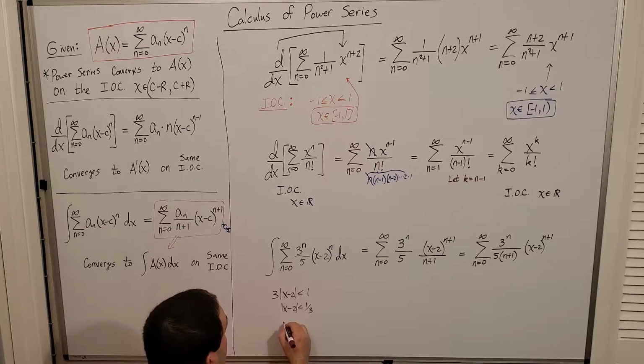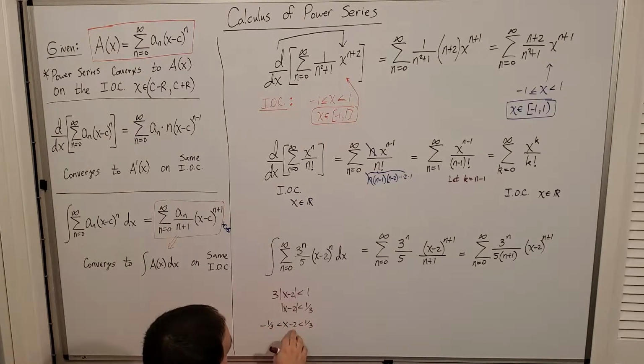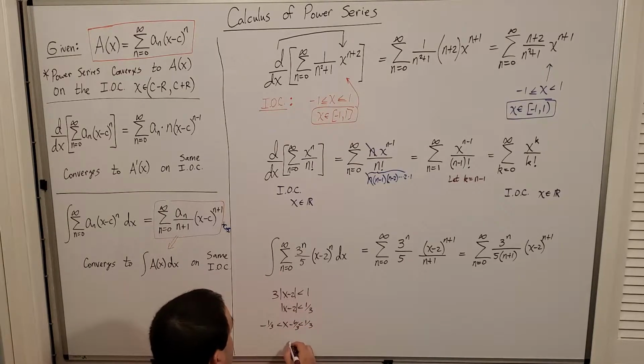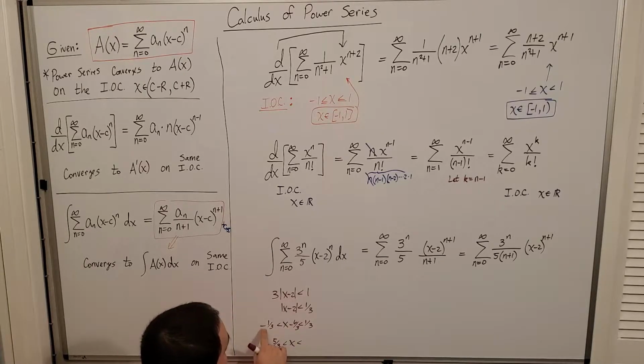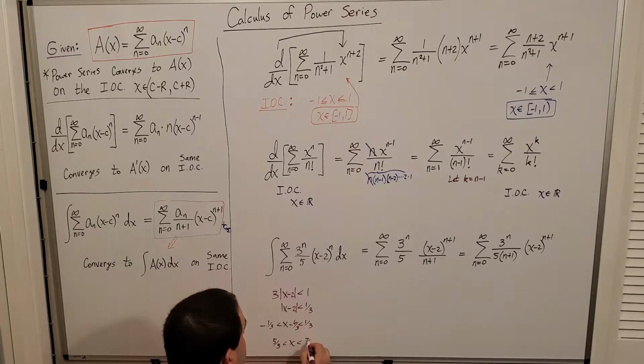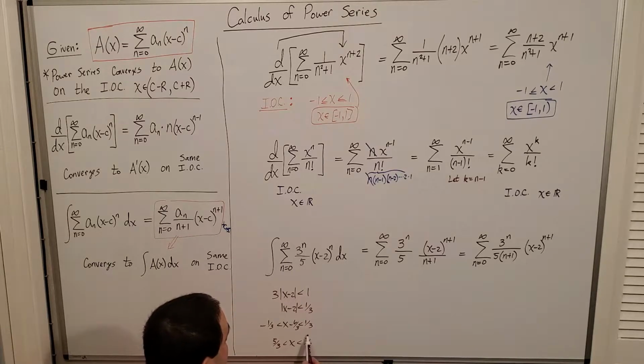So then x minus 2 has to be in between negative 1/3 and 1/3. 2 is the same thing as 6/3. So then my interval of convergence here is where x is in between 5/3, because that's 6 minus 1, and 7/3, which is 6 plus 1. That's my interval right there.